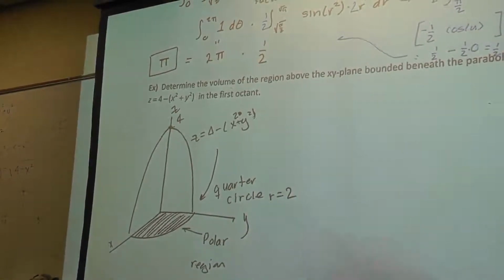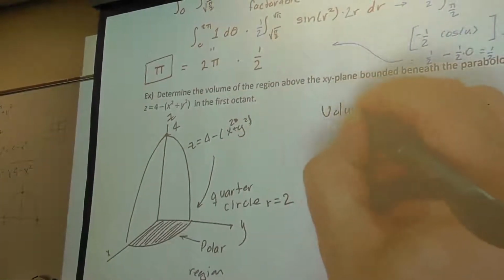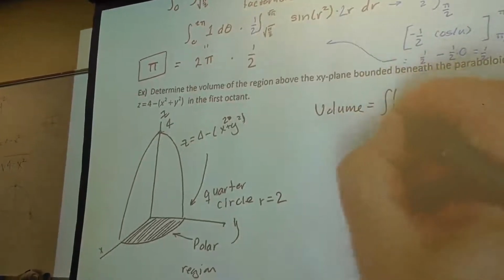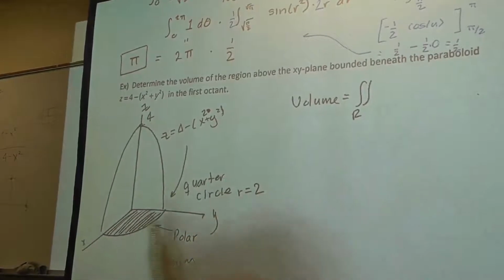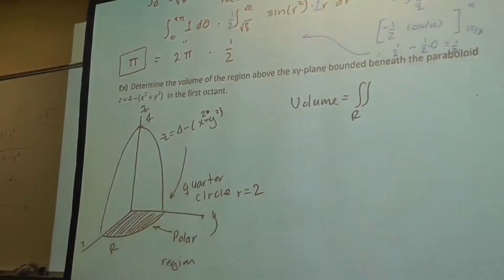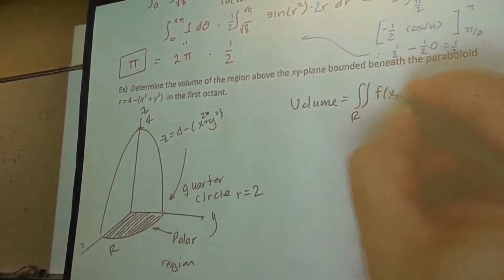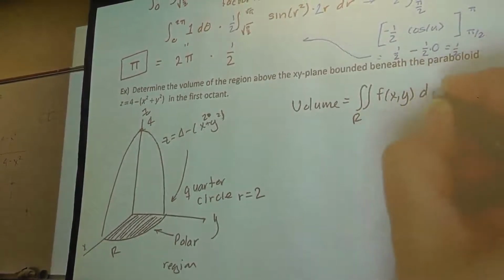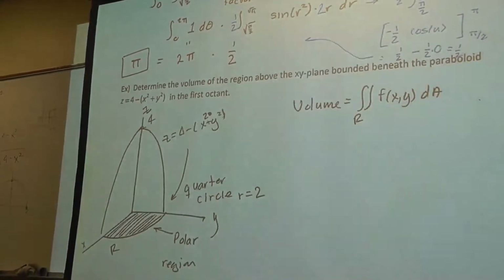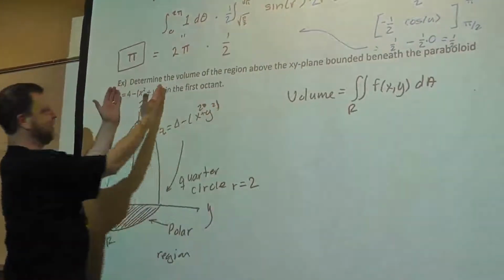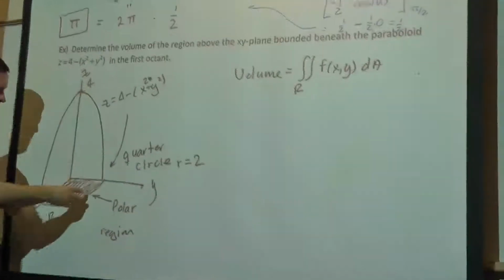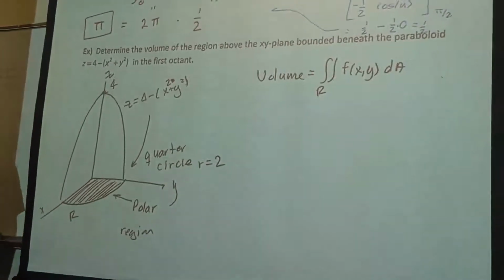So remember, volume that we talked about on Tuesday is the double integral over the underlying region R, there's our region R, of the function alluded to in the problem, dx dy or dy dx. So that's my integrand right there. That's what I'm going to integrate over this quarter circular region in the first octant.